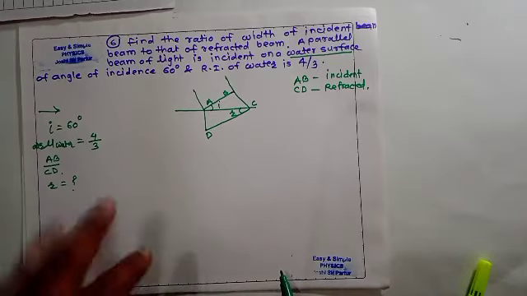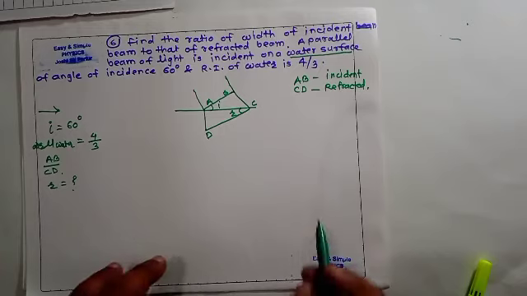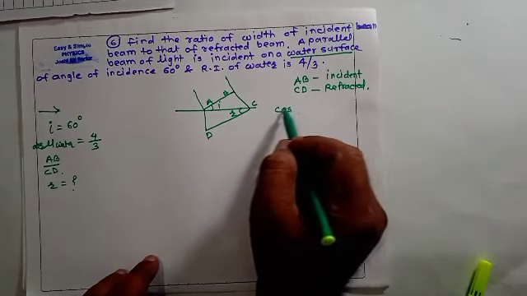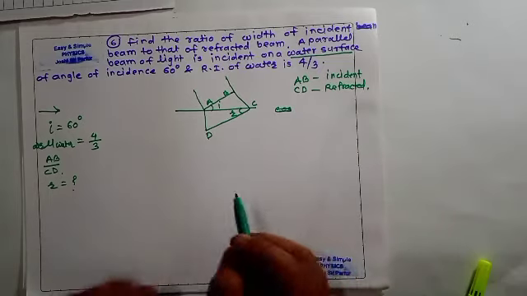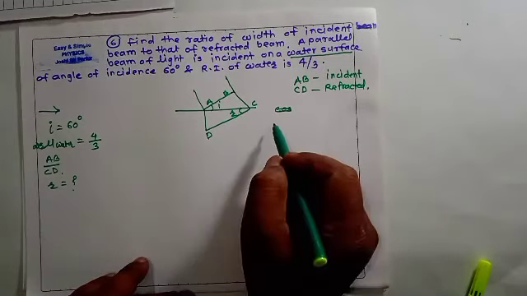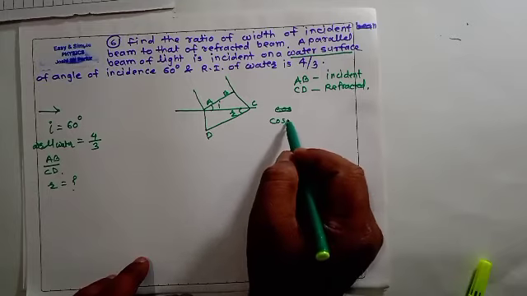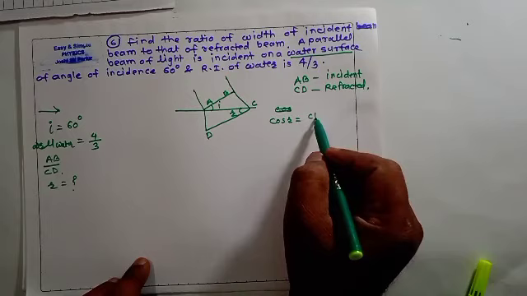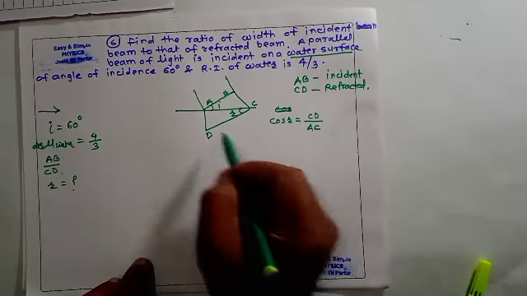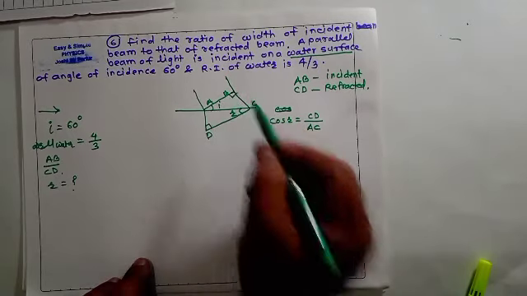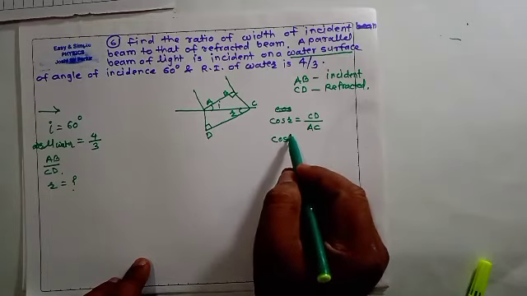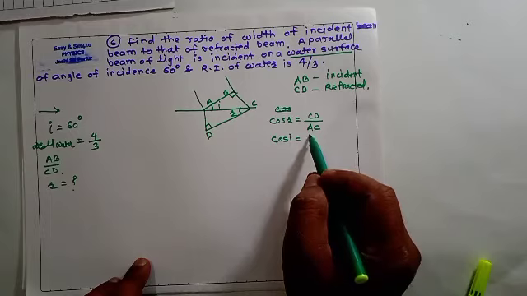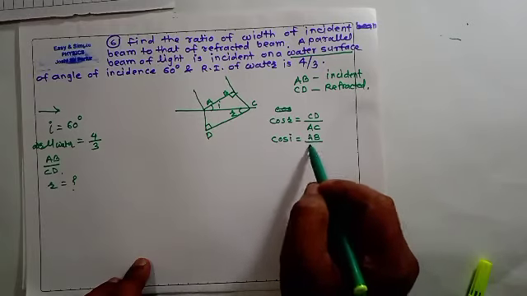So for finding R, see here, cos R is equal to, by using the formula, CD upon AC, because this is 90 degree, and cos of I will be AB upon AC.